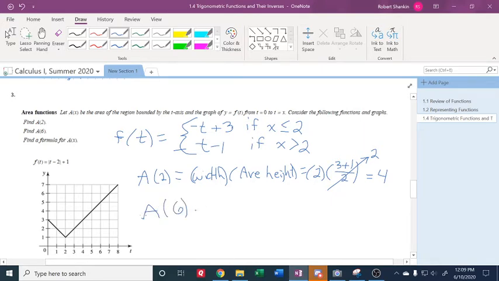All right, and then A of 6 is equal to, well, we're going to take this portion, which we already found, which was 4, plus, and then we're going to go out to 6, so we're going to do the same thing again. The width from 2 to 6 is 4. And then the average height, there's a height of 1, and then there's a height of 5.